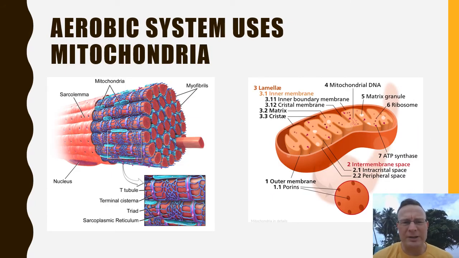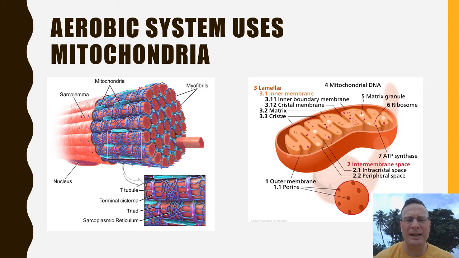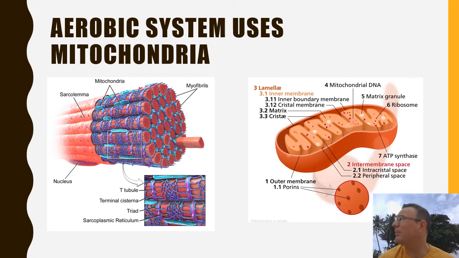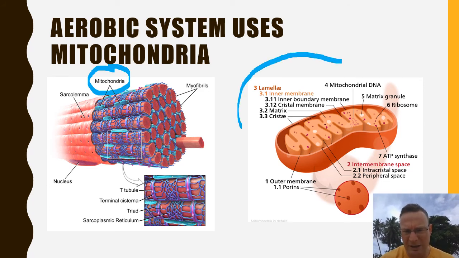So our aerobic system takes place in the mitochondria. I'll draw a quick little mark on here to show. Can you see on that left hand side where mitochondria are? That's a picture of a muscle fiber, and within it are those little myofibrils, little rods of protein. So here I'm just going to outline mitochondria, and here is one in close up.